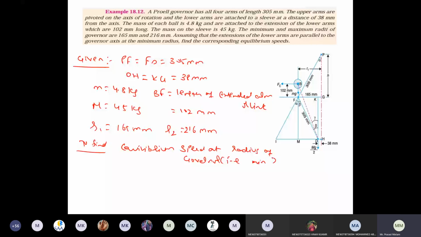We need to find the N1 value at R1. That N1 is the equilibrium speed. Okay, now let me go to the second slide.